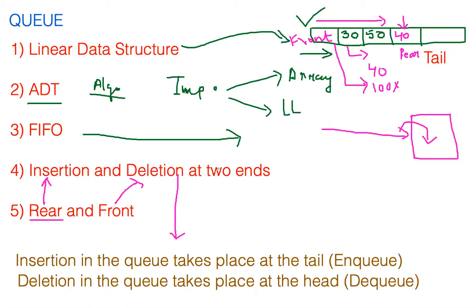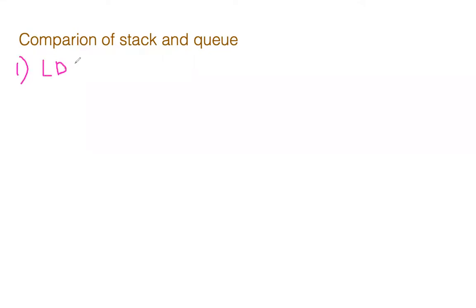Now, let us have a comparison of stack and queue. First, the similarity. The similarity is that both are linear data structures and ADTs.